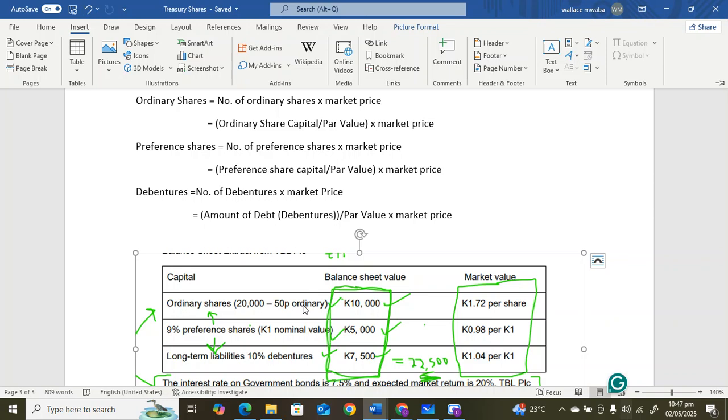You get 20,000 shares. So it's not always that they'll give you the number of these things. Basically, these 20,000 shares times the market price. So you say 20,000 times 1.72.